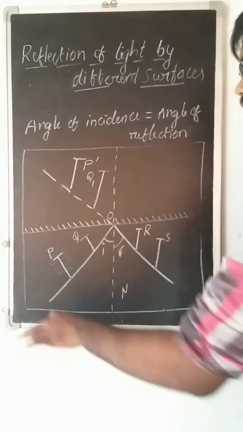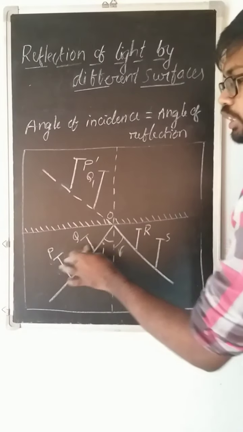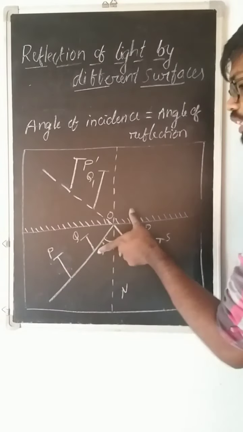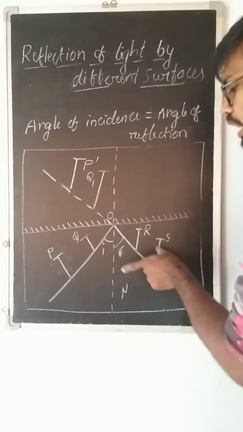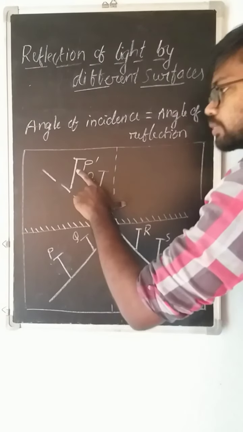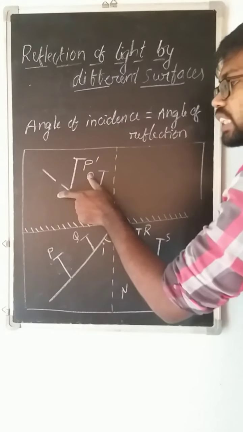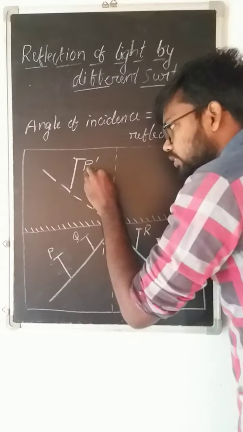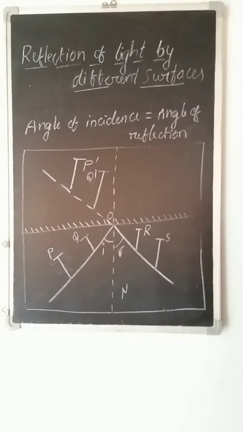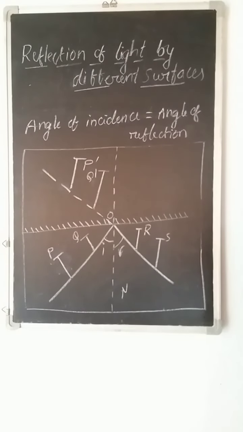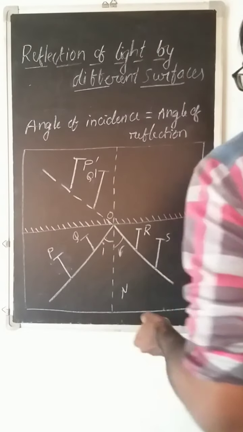So images will be formed like this by considering two pins PQ, and the image will be formed as R, S, but here the alternative images of PQ will be formed as P dash as well as Q dash. This is about reflection of light by plane mirror.